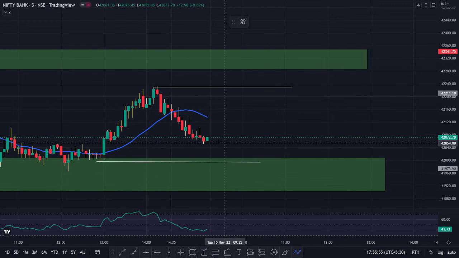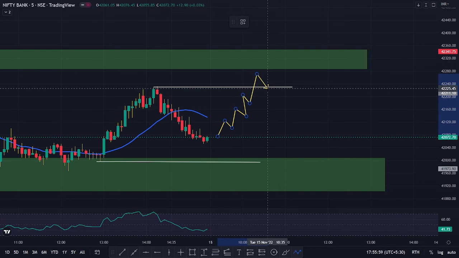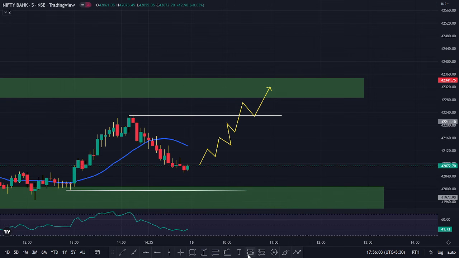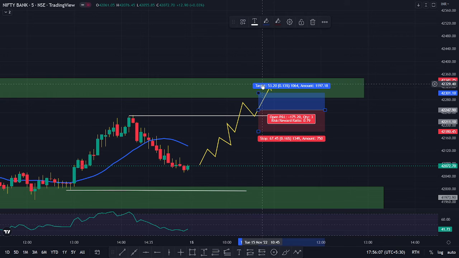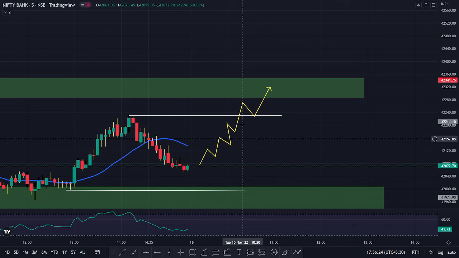The market starts trading higher, breaks it, retests it, and goes higher again. Then I will place my trades here immediately, with my stop loss at the previous low, and wait to see how the market goes higher. I'll sell my call options whenever a selling chart pattern occurs.